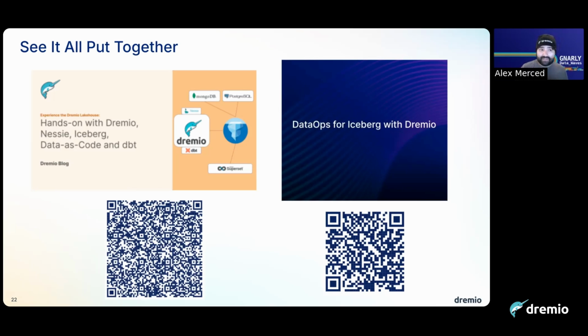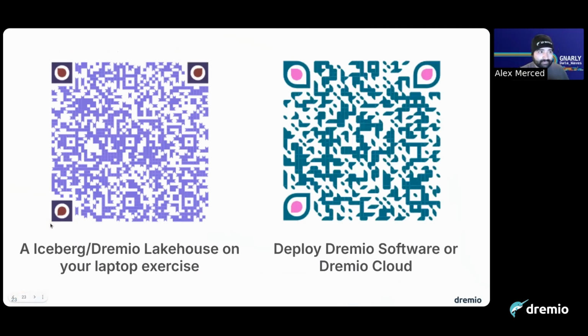Now, if you want to see that whole exercise played out visually without having to do it yourself, you can watch the video on the right, which walks you through that whole exercise, and you can just watch it play out right in front of you. It's about 20 minutes long, and allows you to see how this all looks in action. So either of these resources would be good to understand that deeper.